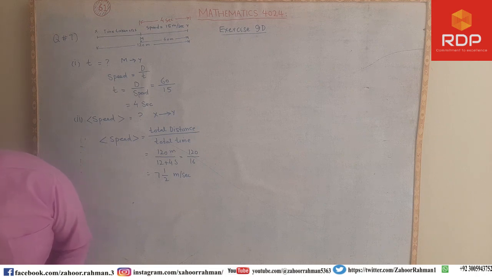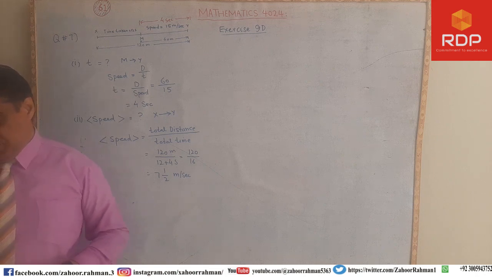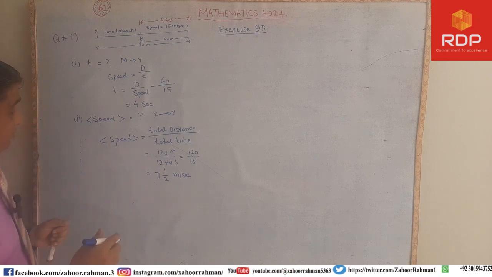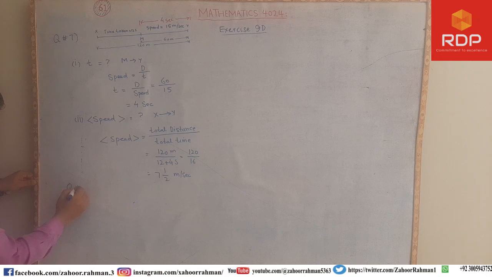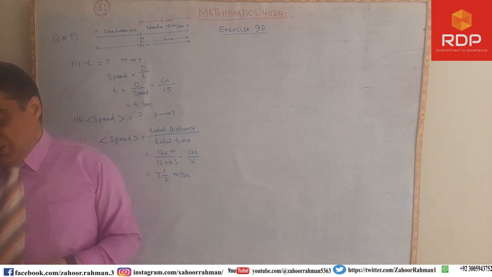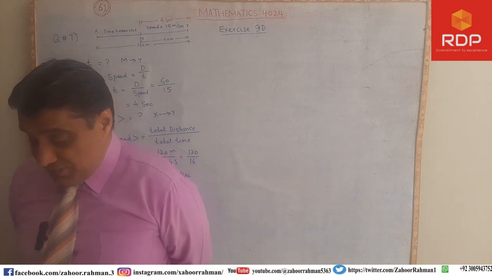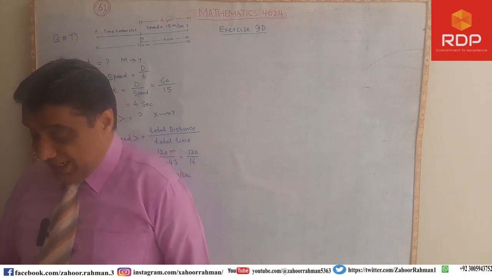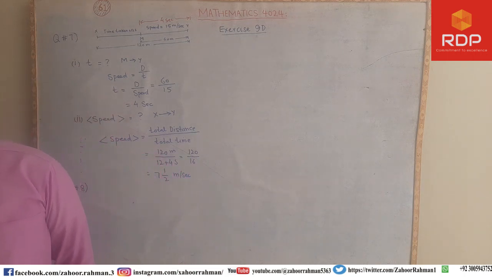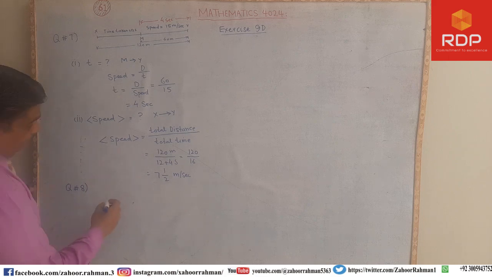Question number 8 is also like this, so let us do question number 8 right now. Okay, ladies and gentlemen, question number 8 is saying 2 points L and N are 160 meter apart.